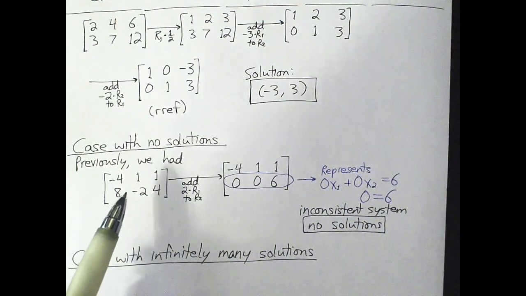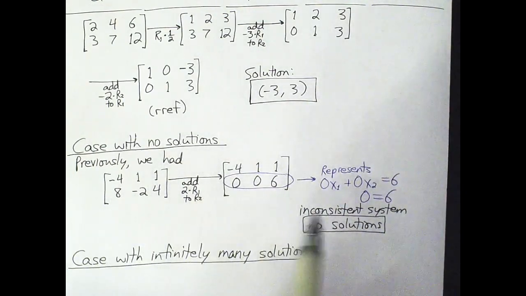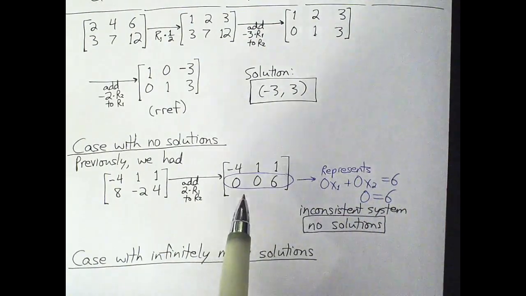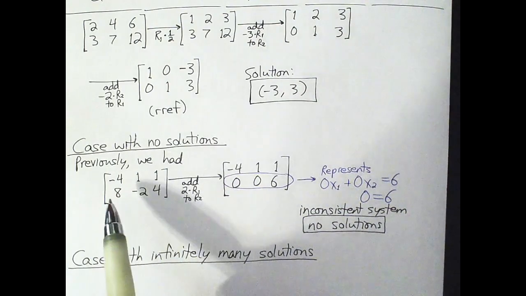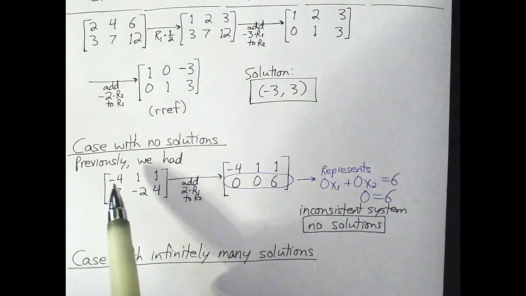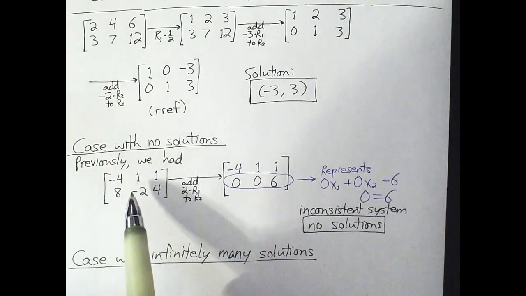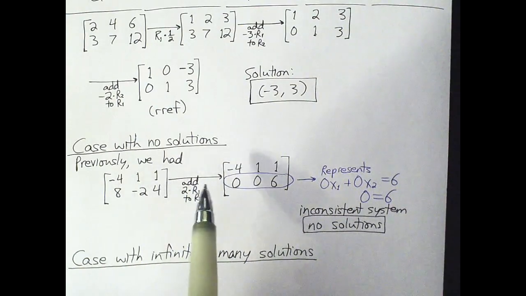In the case with no solutions, it's like we have 2 lines that never intersect. Another word for that is parallel. So this is really representing 2 parallel lines in the xy coordinate plane, even though it might not look like it at first. -4, 1, 1, 8, -2, 4, right? Do those look like they represent parallel lines?